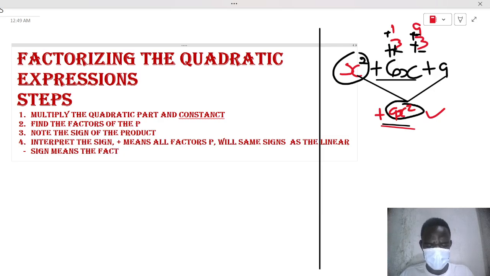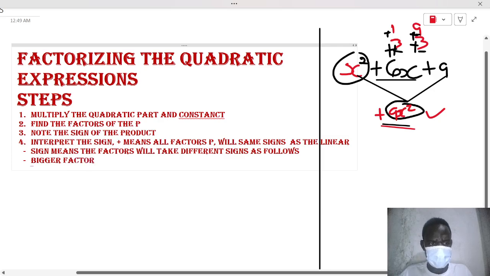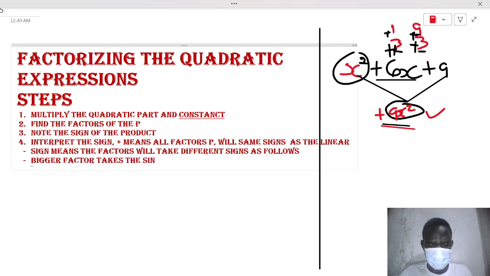The factors will take different signs, for example as follows: the bigger factor takes the sign of the linear part.